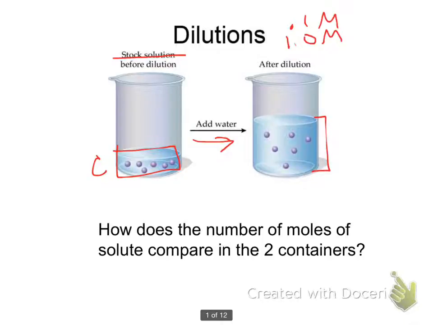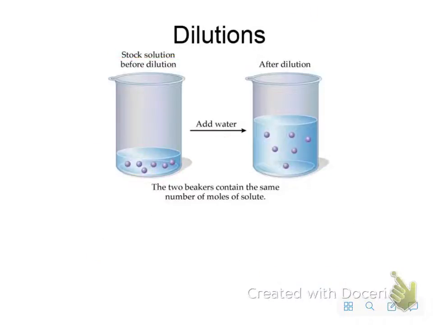Okay, so I want you to think about how the number of moles of the solute compares in the two containers. Well, you probably see that they are the same. If I count the number of particles, 1, 2, 3, 4, 5, 6, 1, 2, 3, 4, 5, 6, I have the same number of particles, which could represent moles, before dilution and after dilution.